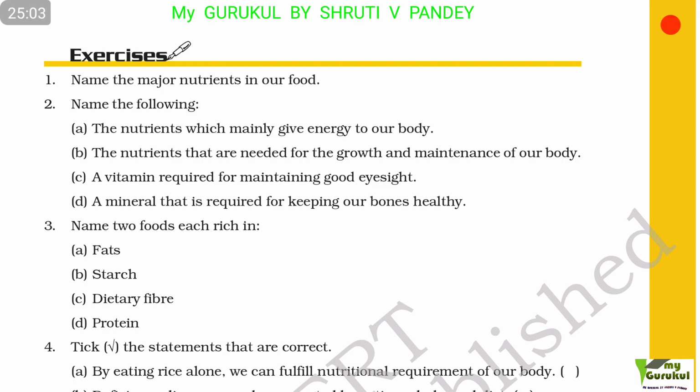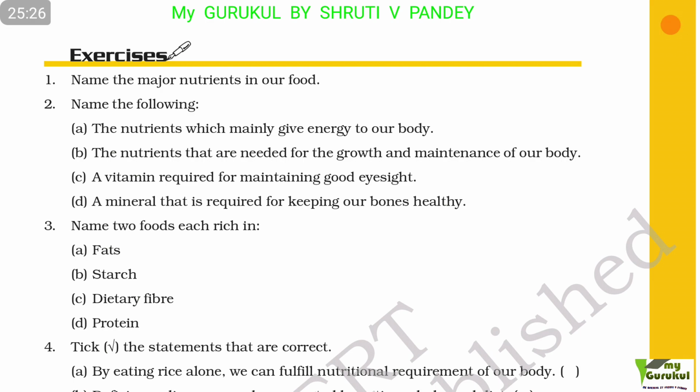Carbohydrates are the nutrients that mainly give energy to our body. The nutrients that are needed for the growth and maintenance of our body: proteins and minerals.